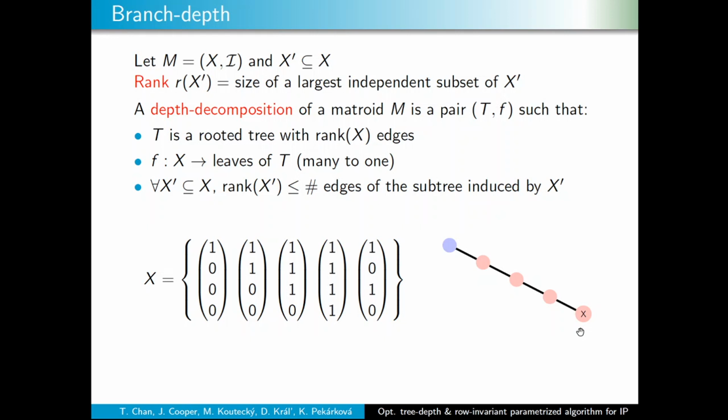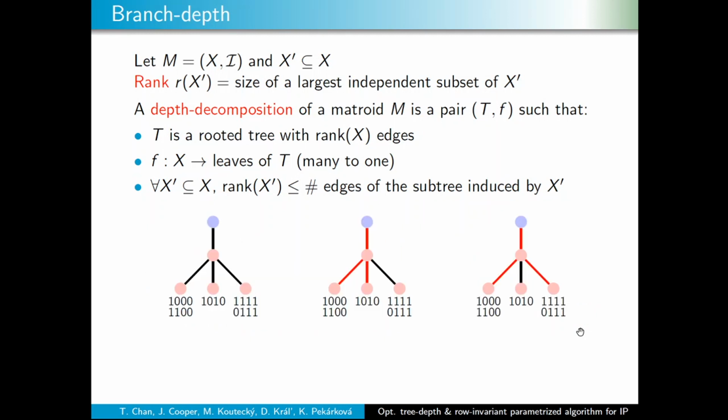So we saw that having a long path in my tree was beneficial. It was quite easy to construct a depth decomposition. But what if I try and create a depth decomposition with smaller depth? So consider the following rooted tree of depth 2 with vectors assigned under f as is displayed in the slides.